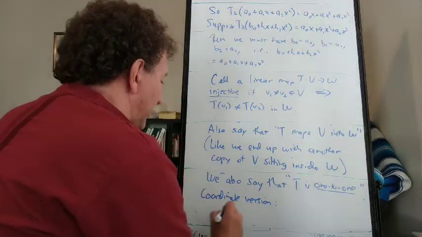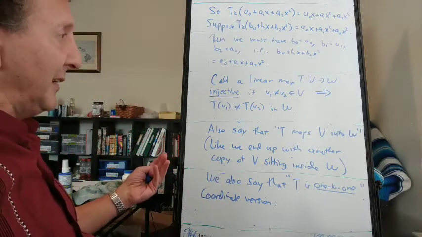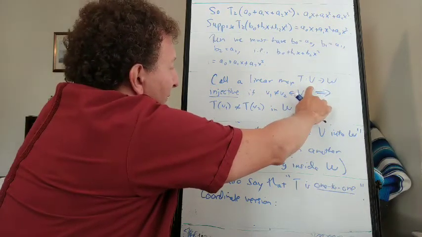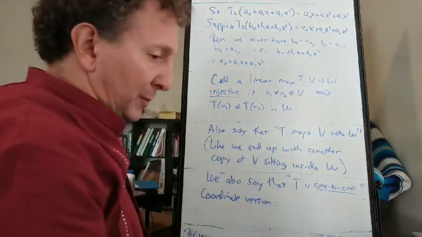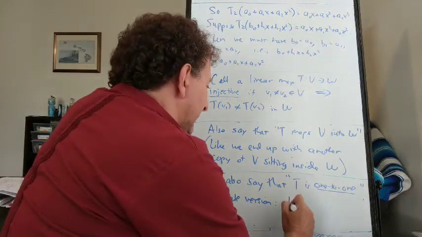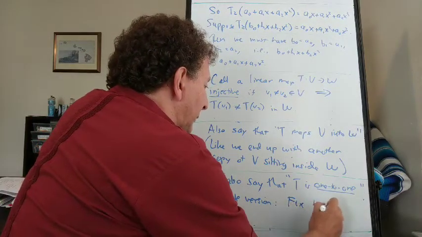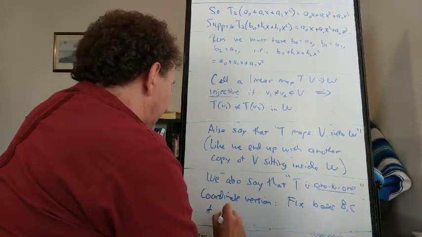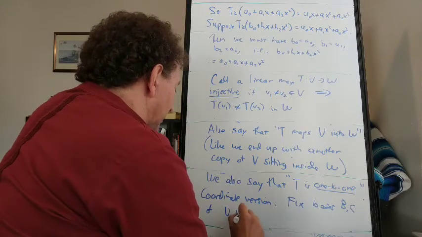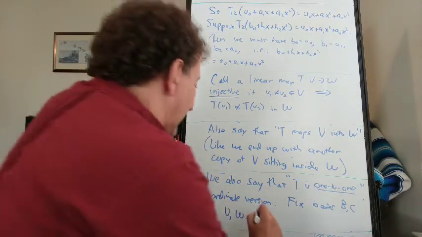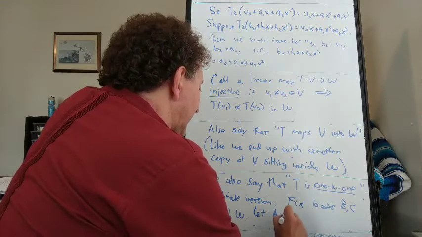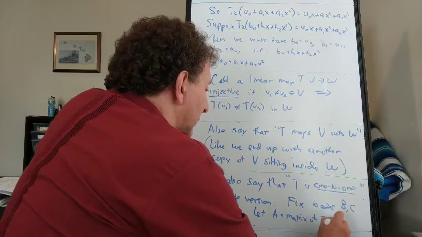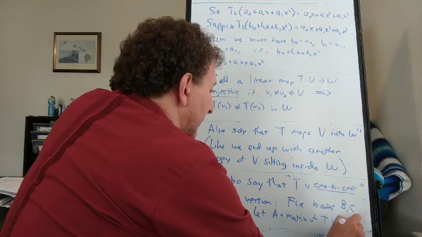Now every linear map can be represented as left multiplication by a matrix once we choose a basis of the first vector space and a basis of the second vector space. So let's say we fix bases B and C of the vector spaces V and W. And let's let A be the matrix of T with respect to these bases.